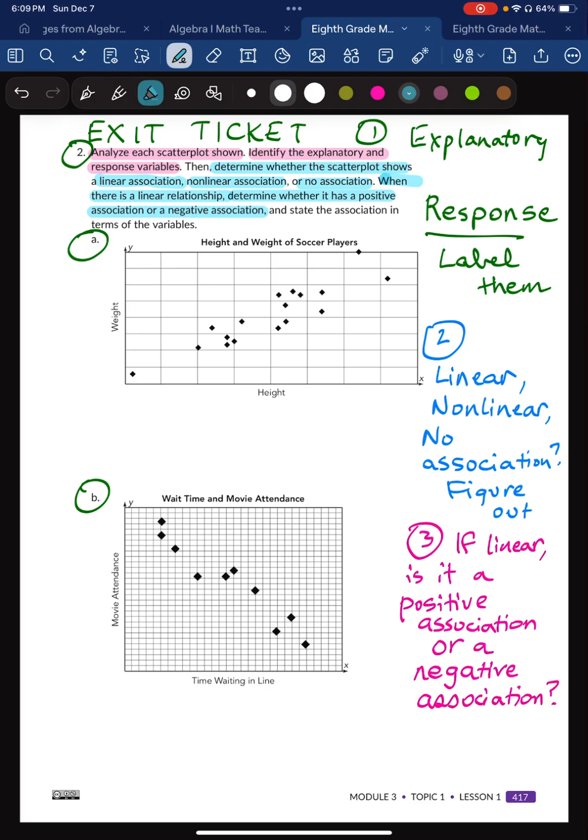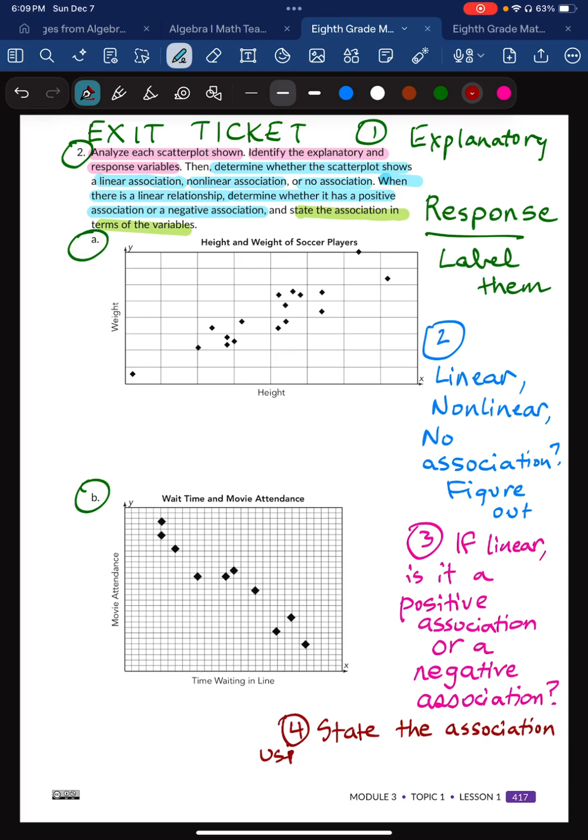Then finally, there's one more component. State the association in terms of the variables. So what is the relationship? State the association using the variables.